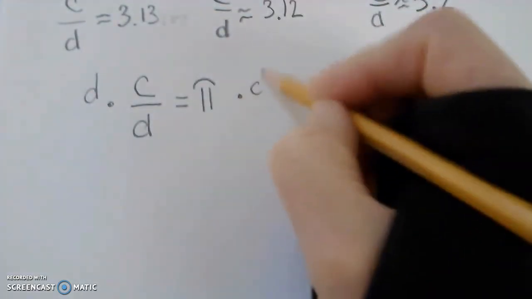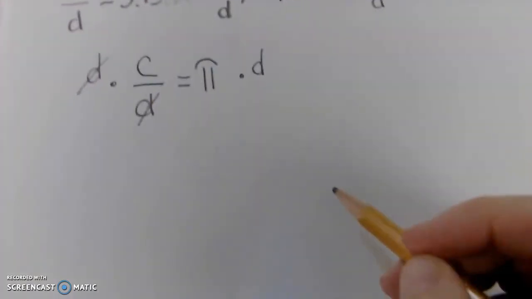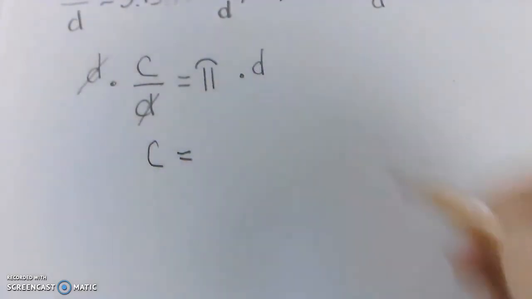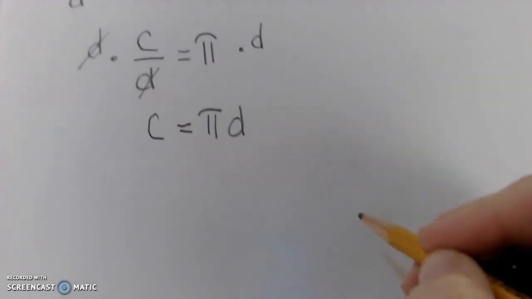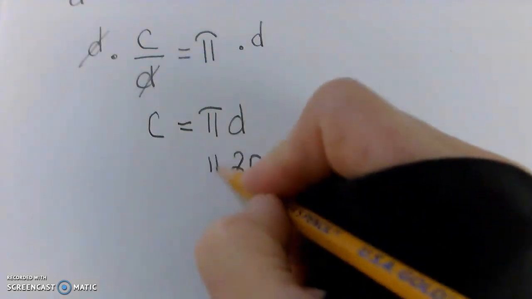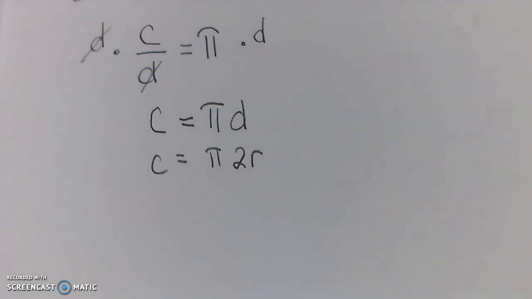And on both sides, now what happens is D divided by D is 1. Okay, and now what I have is the formula for circumference. C is equal to pi times diameter. And you might see, because the diameter is twice r, 2 times the radius, you might see this one too. All right, so here's your formulas, and we kind of got to see and experience why these formulas are.